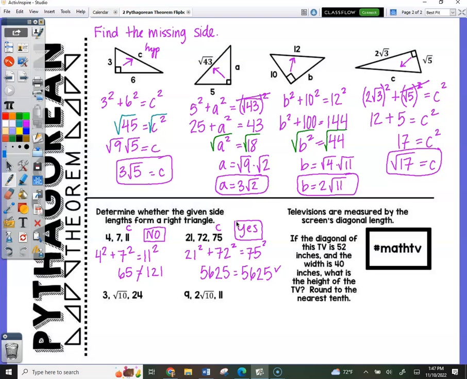So 24 is going to be your C, so plug it in. 3 squared plus square root 10 squared equals 24 squared. So that's 9 plus 10. 24 squared is 576. Is there any way that that's going to equal? Do I even need to add the 9 plus the 10? No.